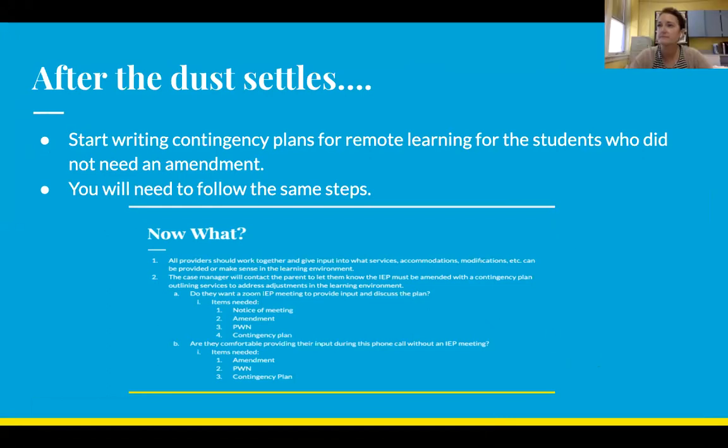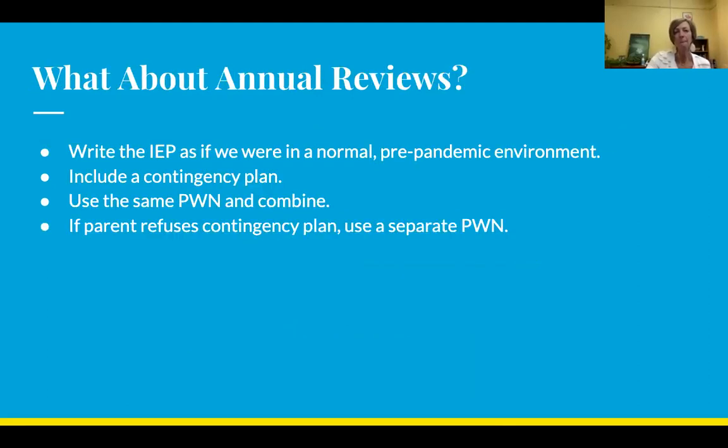Do the IEP as you would normally be doing in a normal environment, and then also do a contingency plan with an amendment, and then you can combine the prior written notice. So after you have those completed, the ones where the learning environment is changing, then you can start writing contingency plans for remote learning for the students who did not need an amendment because of their learning environment. And you'll just follow those same steps.